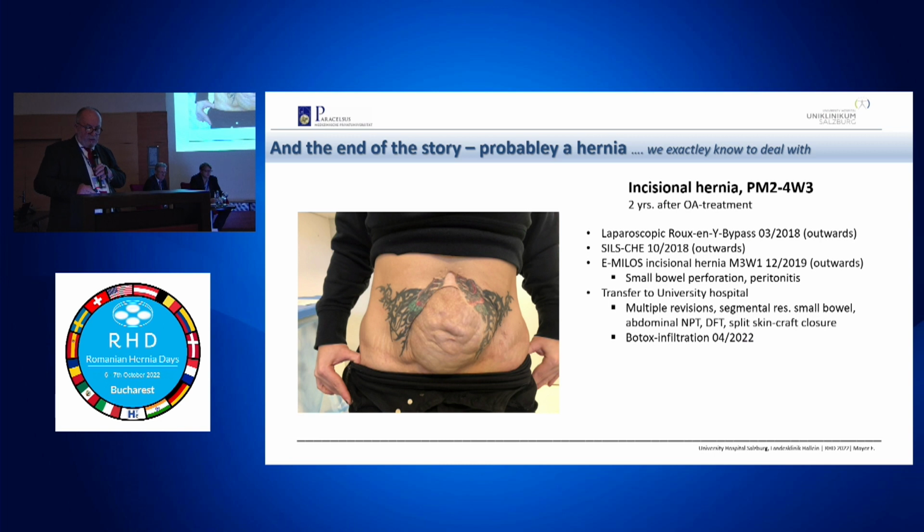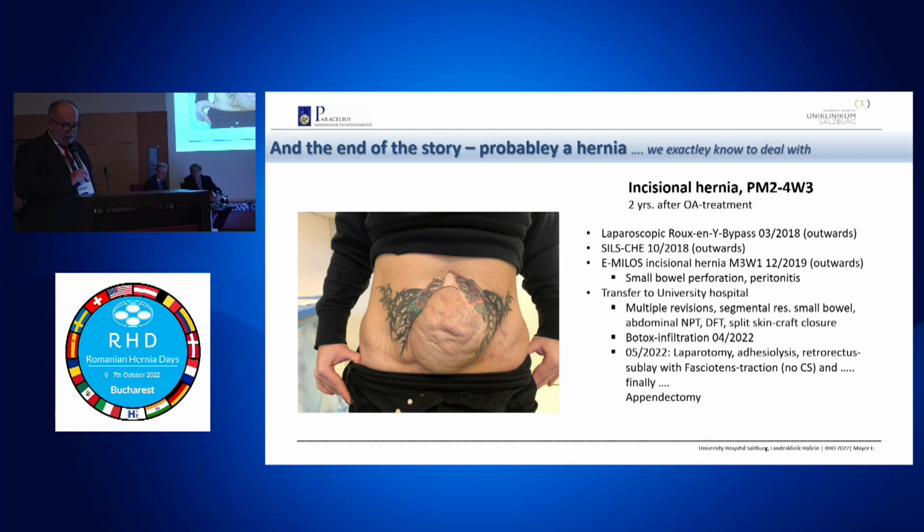The patient came to the hernia clinic and we decided to perform a Botox infiltration, laparotomy, adhesiolysis, retrorectus sublay with fascial reconstruction. That was our first case. No component separation in this case of a very wide defect.